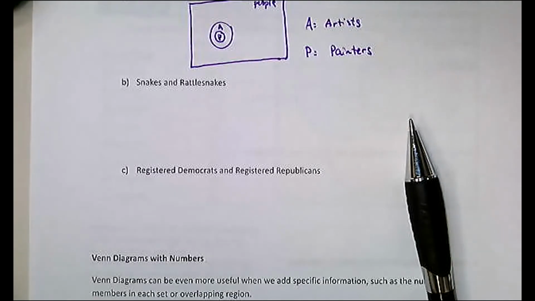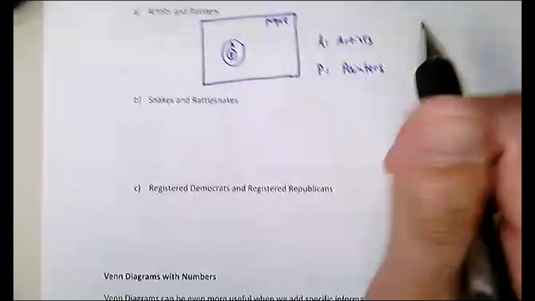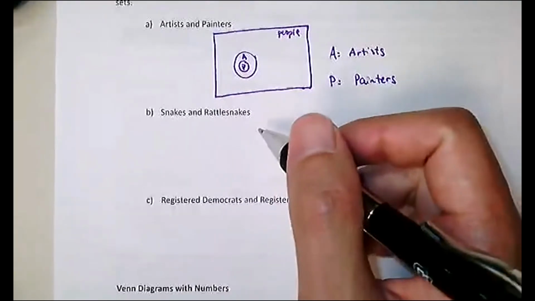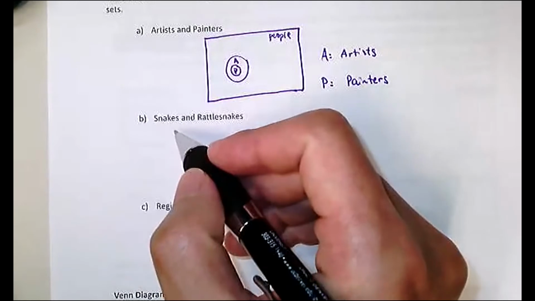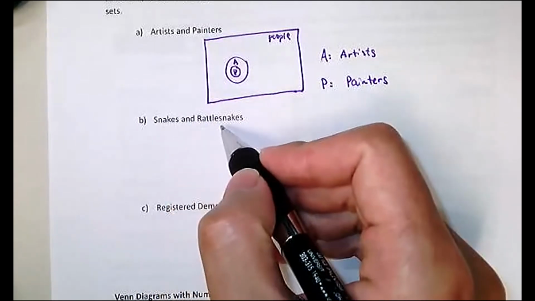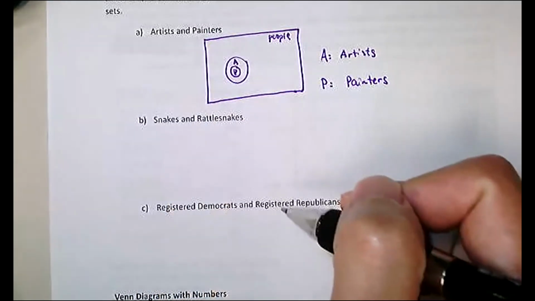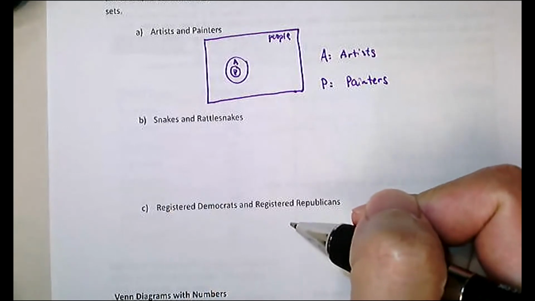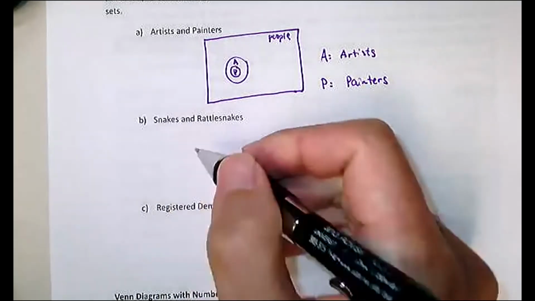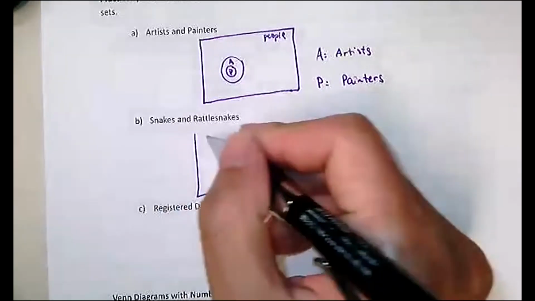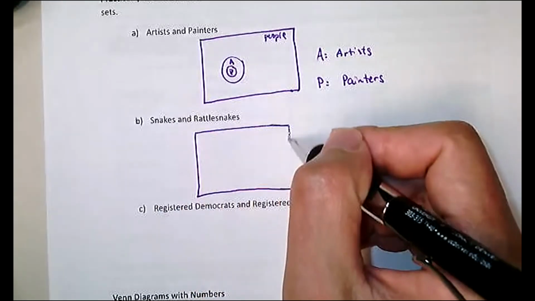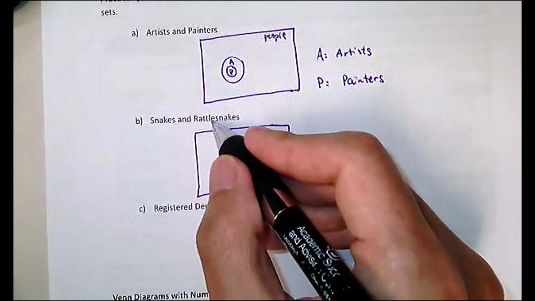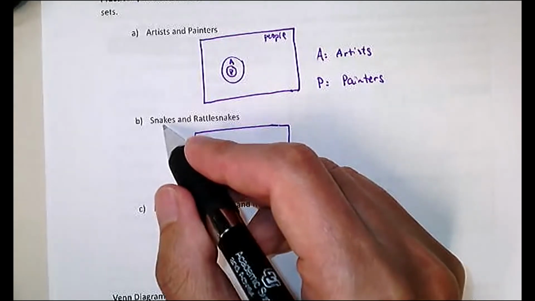Okay, did anyone finish the drawing? Okay, great. So let's draw snakes, rattlesnake. Obviously, rattlesnake is a subset of snake, right?